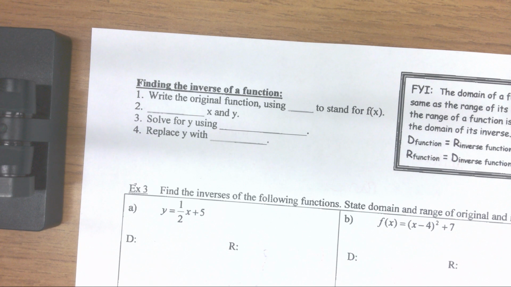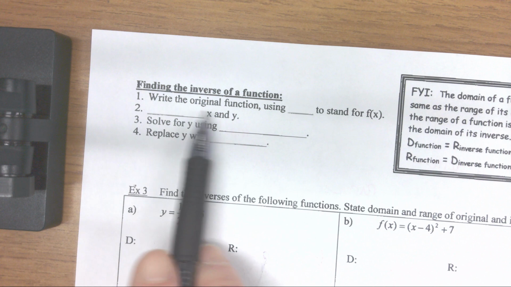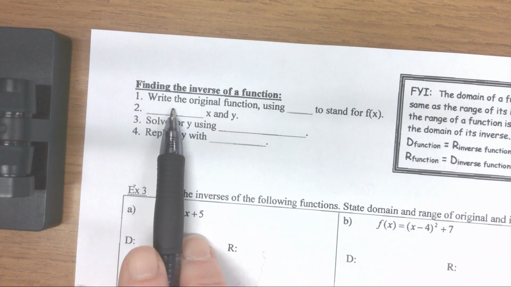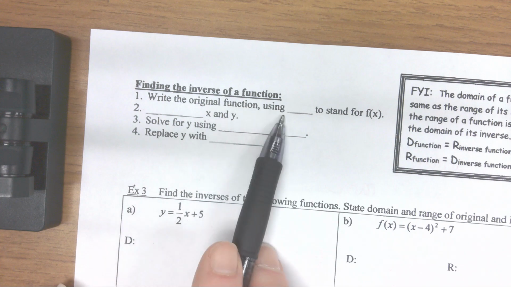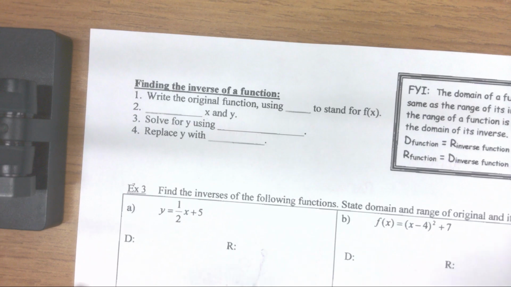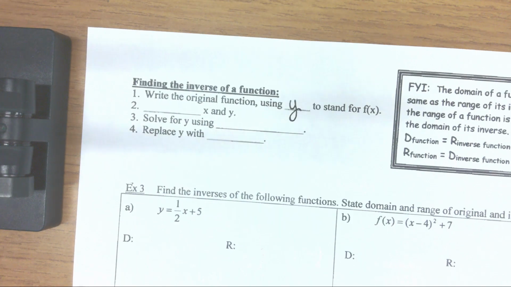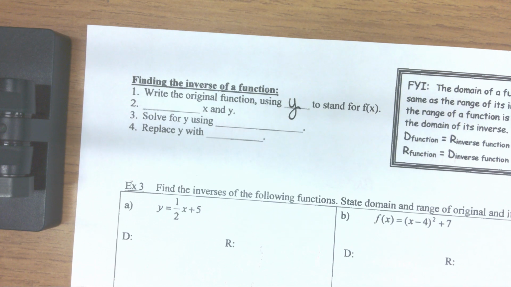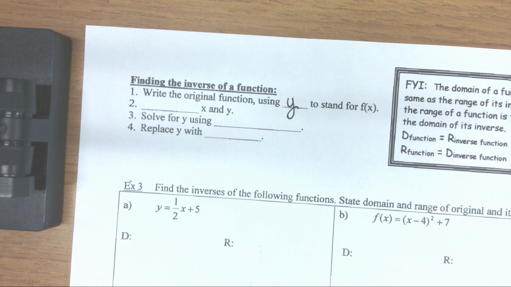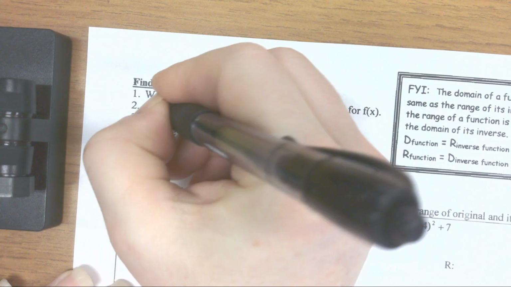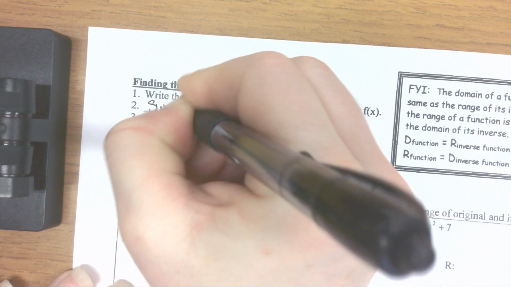So what we're going to do is find equations now. We're going to write the original function, but instead of an f of x, we're going to write the letter y there. Y and f of x mean the same thing. Next, you are going to switch the x and y around.